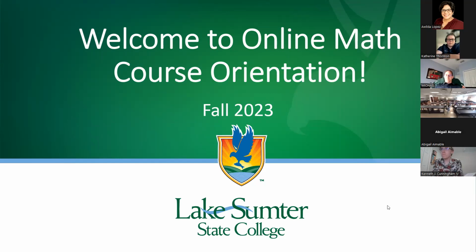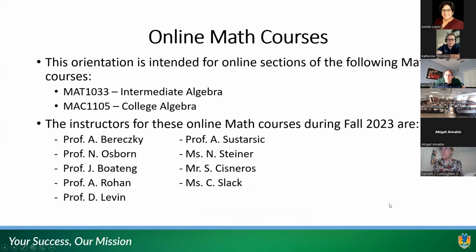So we'll start by talking about why you're here. This orientation is for students who are enrolled in an online section of either intermediate algebra, which is our MAT 1033 course, or college algebra, our MAC 1105 course. We do have a lot of different instructors who teach these two courses.